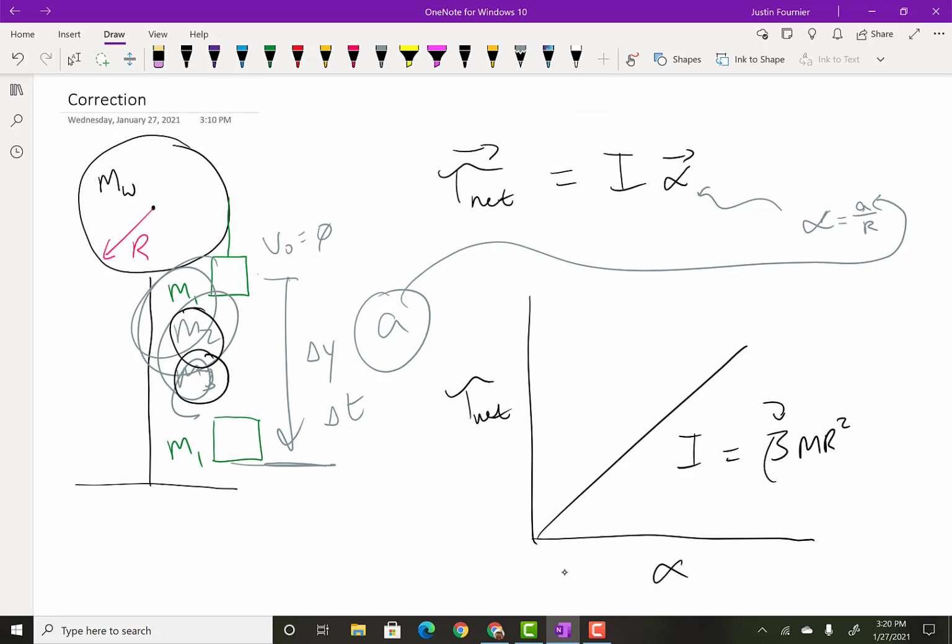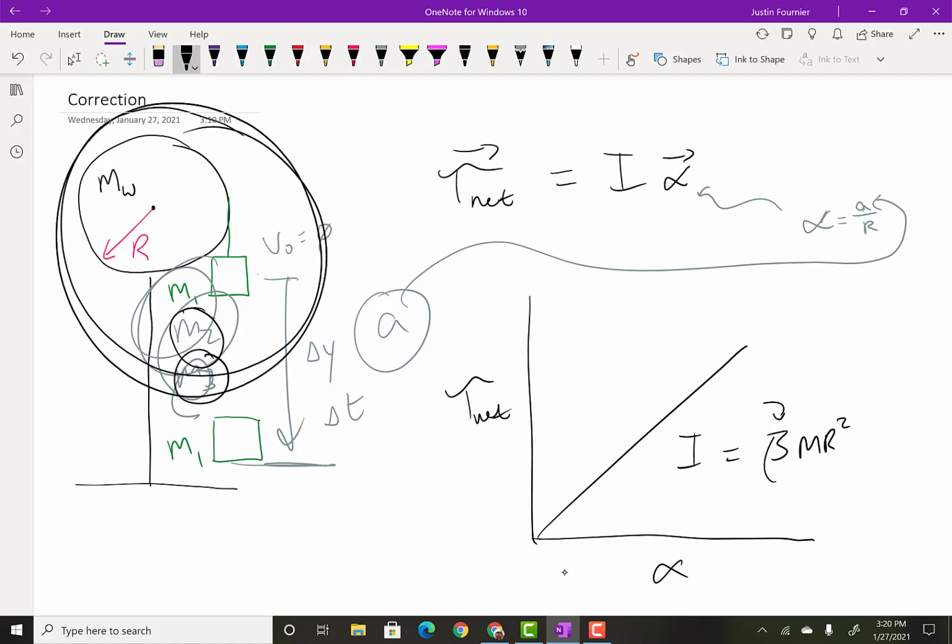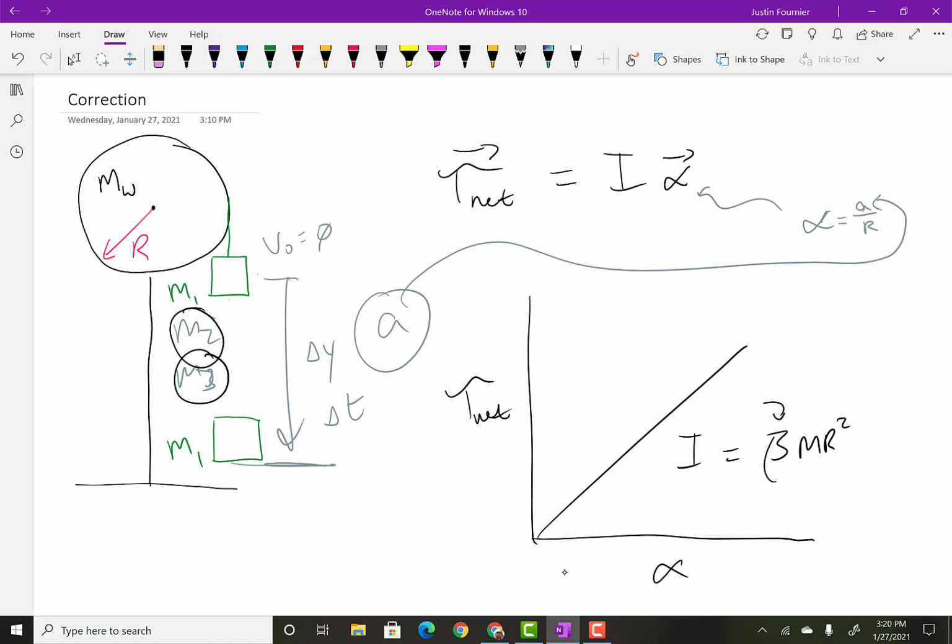However, if I change the mass here, I'm changing the whole mass of this entire system. So if I keep changing the mass, I'm also changing the inertia of the system, and that is not just bad science, that is super bad science. There's a difference between bad form and just bad science. So I would ignore this idea.